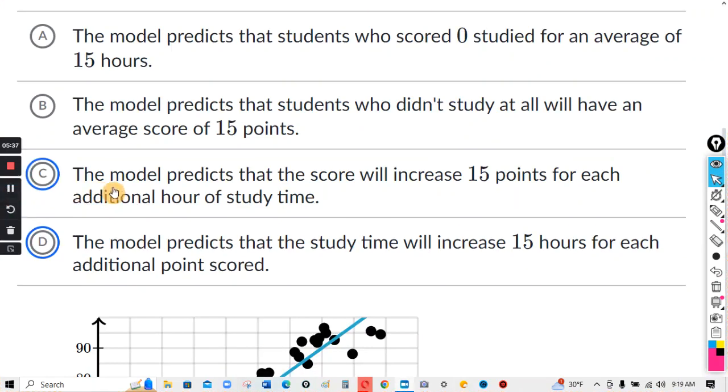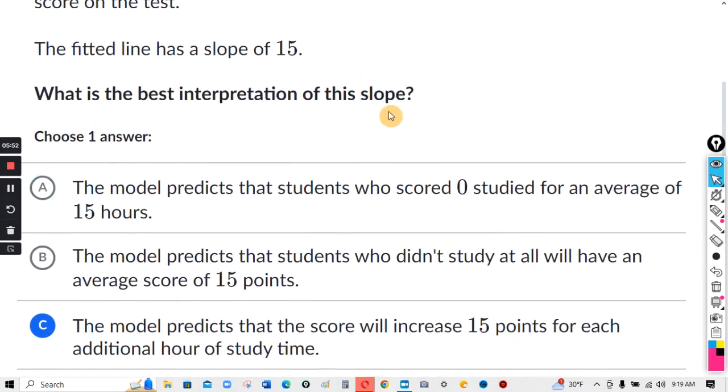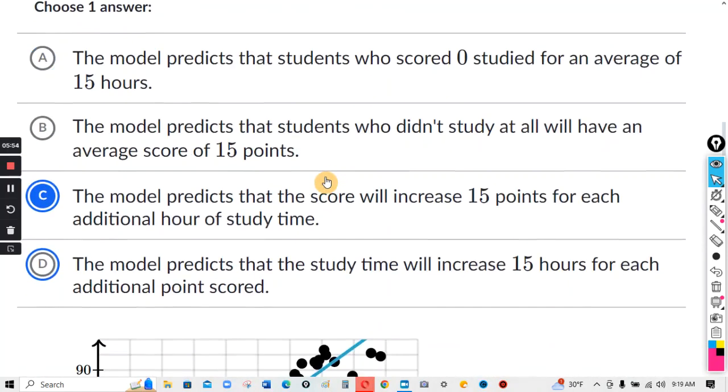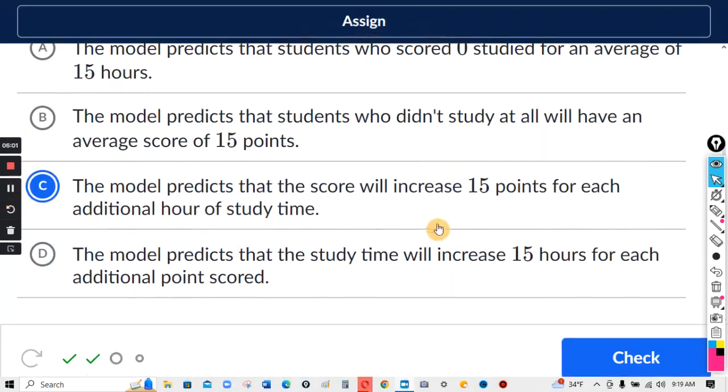Answer C, the model predicts the score will increase 15 points for each additional hour of study time. For all these choices, there are going to be 2 based on the y-intercept and 2 based on the slope. So hours is based on the slope. You can eliminate some answers that way. Answer C.